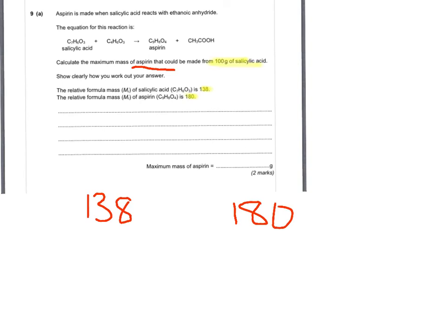And so before going further, you can check, you can just about make out that it is actually balanced already. So you've got the same number of carbons on each side, the same number of hydrogens on each side, and the same number of oxygens. So you've got something going from 138 to 180. So I prefer doing it this way, by going across like that, saying that now I need to get from 138 to 180, I must times 138 by 180 over 138.